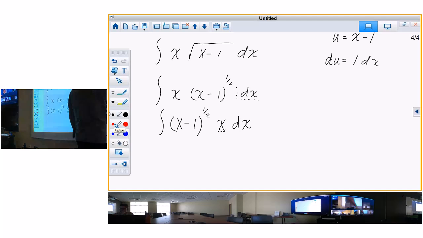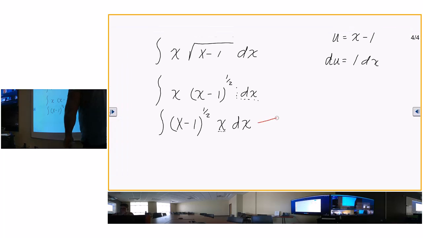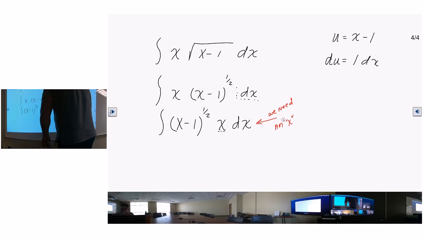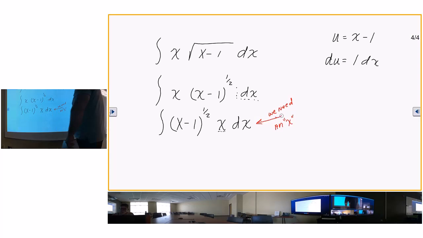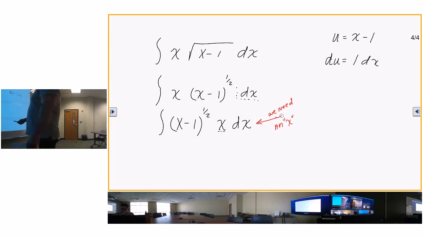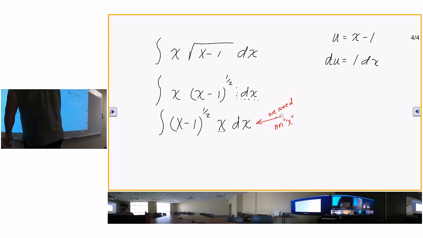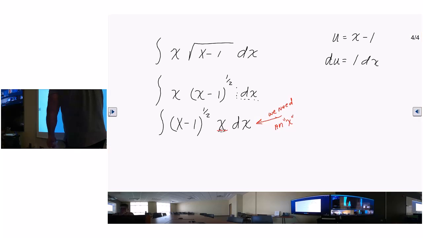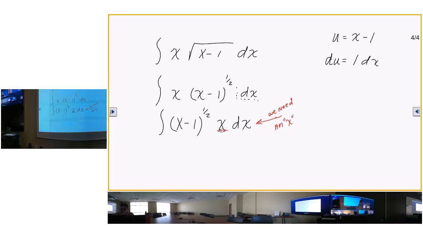You're going to go up here, right here, you're going to say, we need an x. Okay, that's what you're going to say. We need an x. Uh-oh, we can multiply by x, but that's not going to help us. So what do we do?